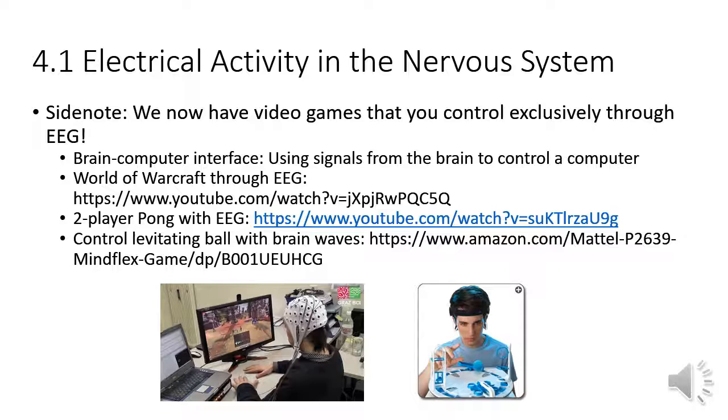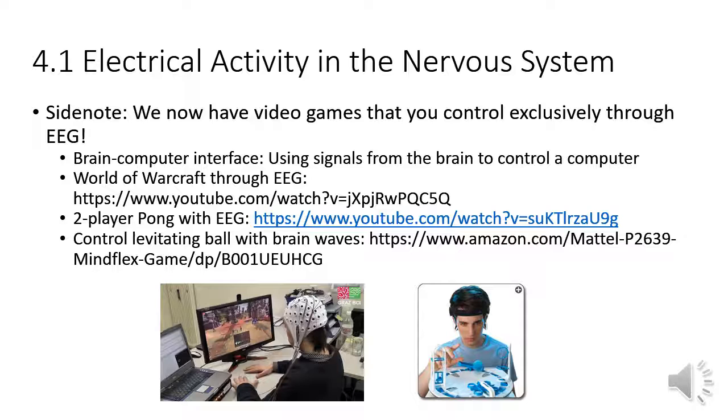And so there are some really basic EEG caps or sensors that you can buy, connected to your brain. There's this game you can buy on Amazon, actually, where you control a levitating ball with your alpha waves.